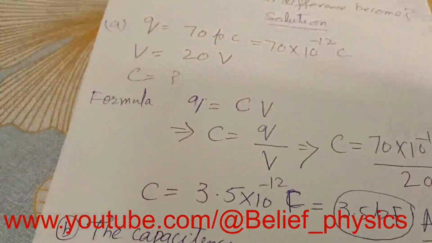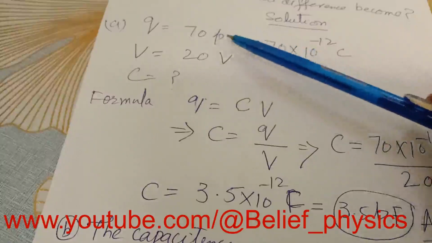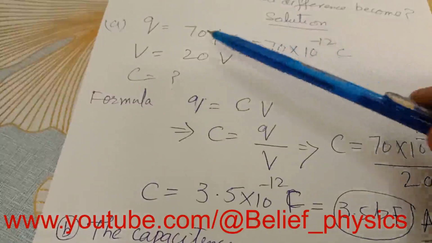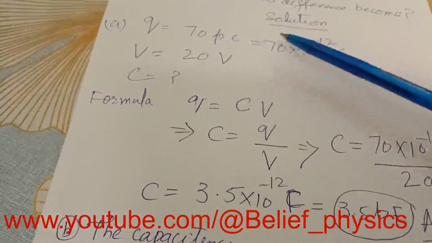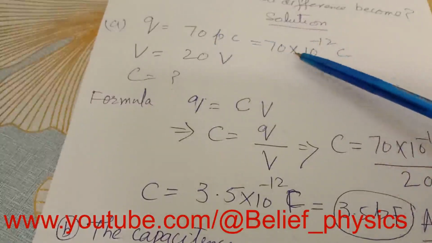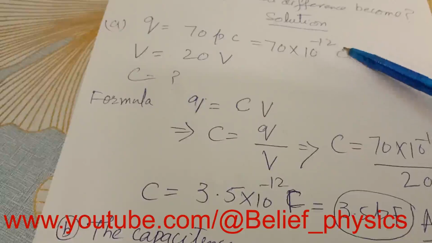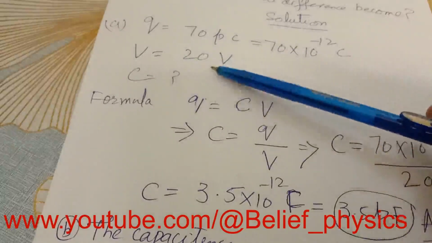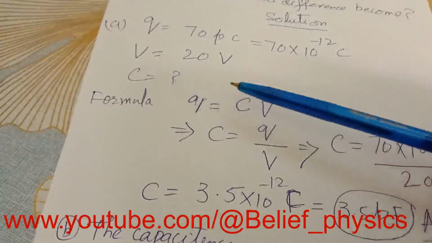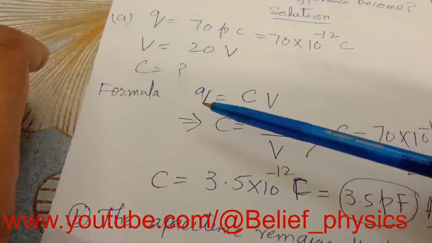Charge is 70 picocoulomb. We write it as 70 into 10 raised to minus 12, since pico is 10 raised to the power minus 12. So Q is 70 into 10 raised to the power minus 12 coulomb, and V is 20 volt. We have to find C. The formula to use here is again Q is equal to CV.